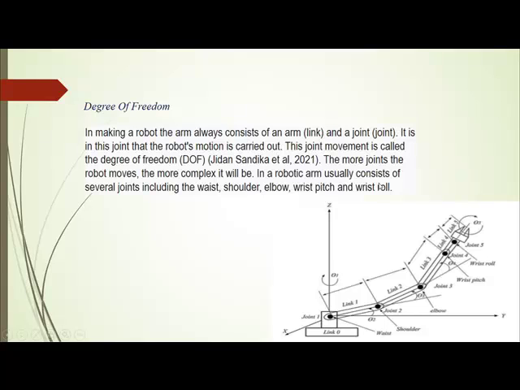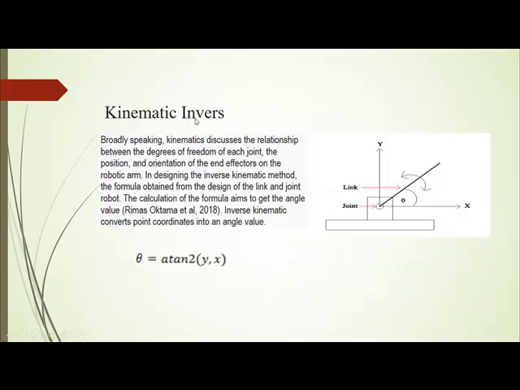A robot arm usually consists of several joints, including the base, shoulder, elbow, wrist pitch, and wrist roll. We use inverse kinematics here. Inverse kinematics converts point coordinates into angle values.